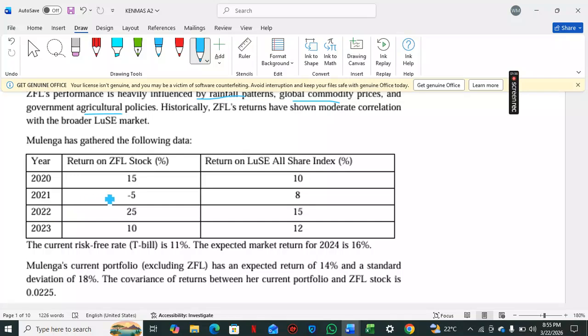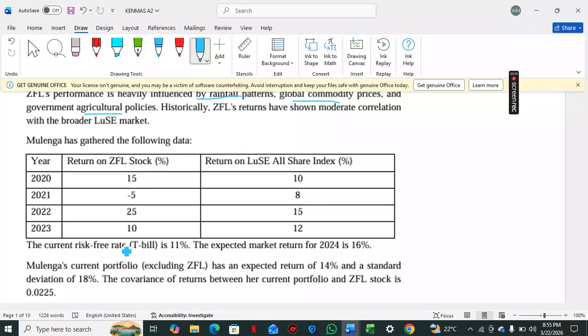In 2021, the return is negative 5% for ZFL and 8% for the Lusaka Securities Exchange. In 2022, ZFL's return was 25%, and the return on the Lusaka Securities Exchange was 15%.